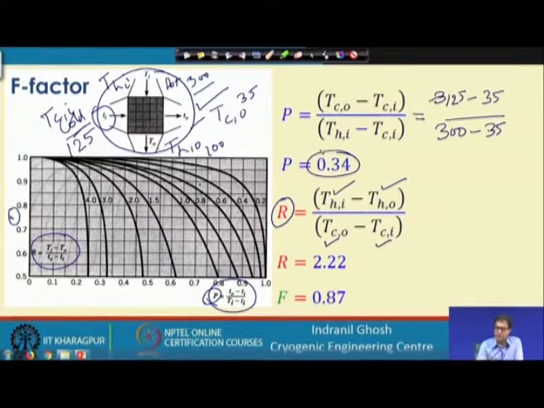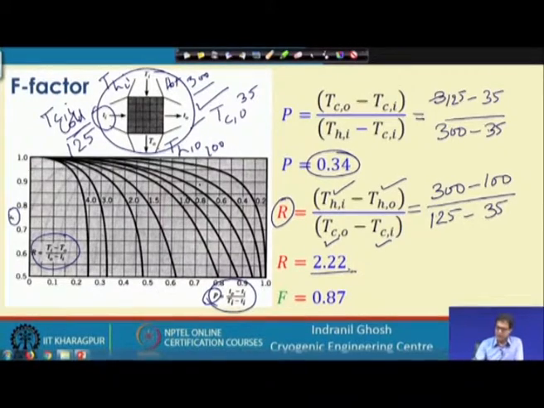Accordingly, we find that P equals 0.34. Similarly, R is T hot inlet, 300, minus T hot exit, 100, divided by TCO, 125, minus TCI, 35, and we find R equals 2.22.